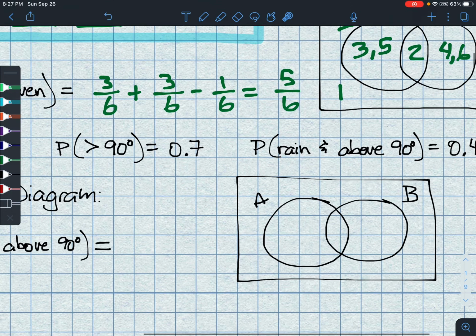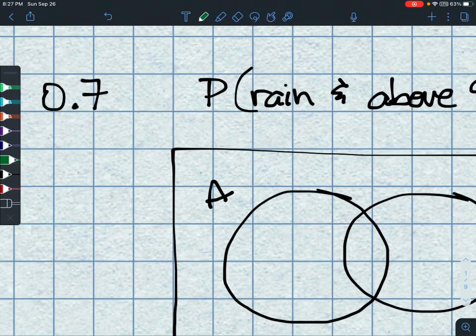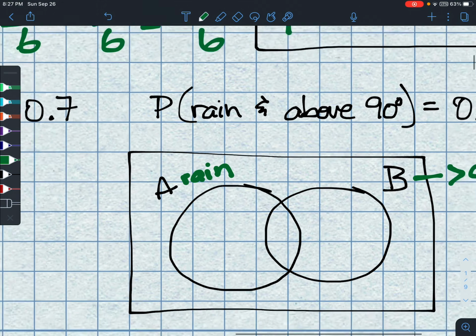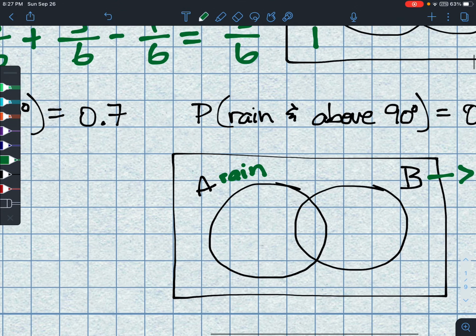All right, I think drawing a Venn diagram is probably useful. I'm going to label this side as the rain side, and this is the above 90 degrees. And so we know that 70% is in this region, and we know 90% is in this region, but there's overlap.